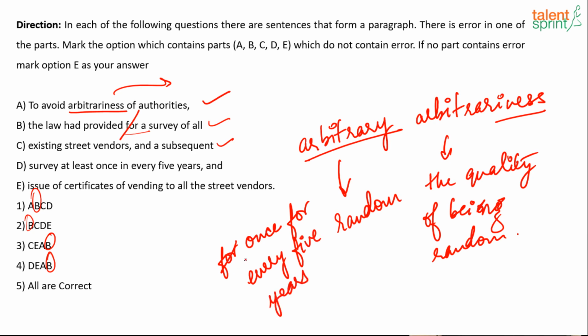Why will it be for every 5 years? Because we are talking about inclusion. Which duration are we talking about? For every 5 years there will be one survey. So the error is in part D.